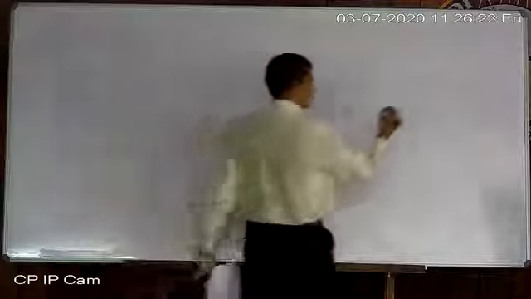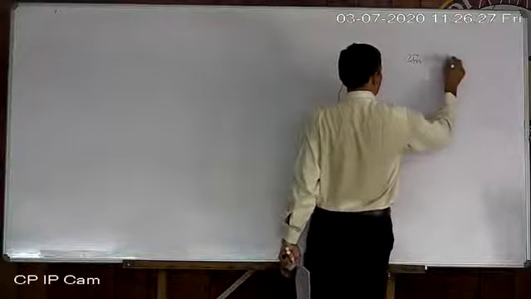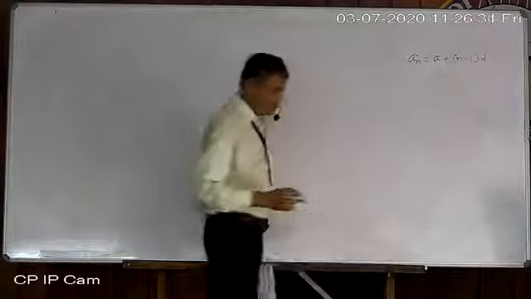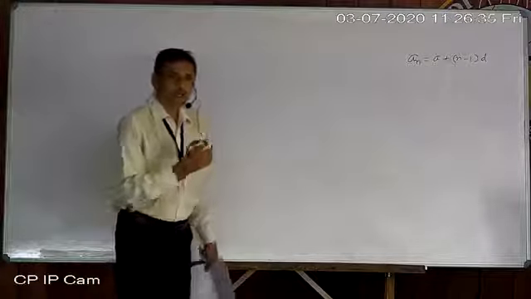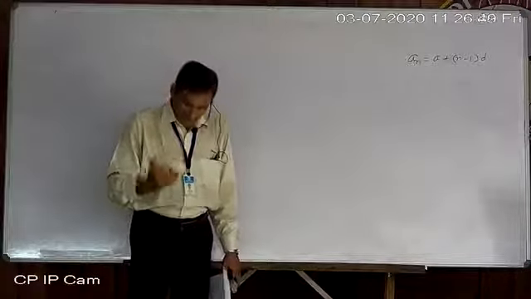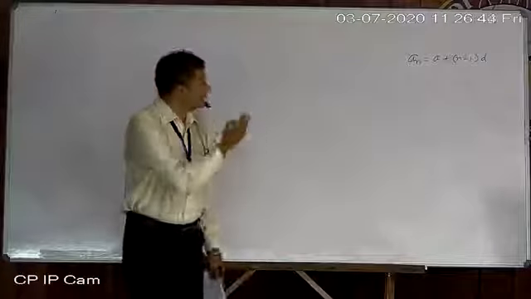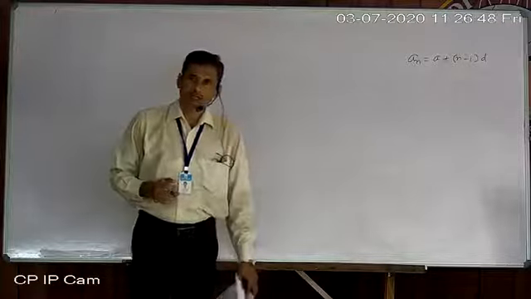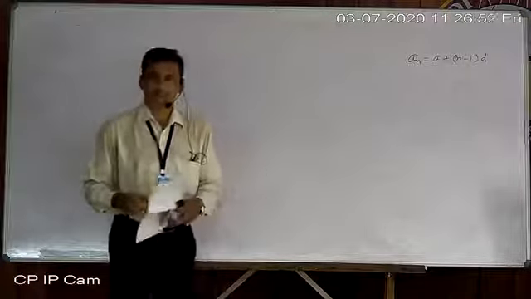No use of the formula a_n equal to a plus n minus 1 d. Actually we practiced a few sums regarding that, but basically that will be used in exercise 5.2. But if I want to give basic information regarding arithmetic progression, then that formula must be involved. Okay. Now you can see exercise 5.1.